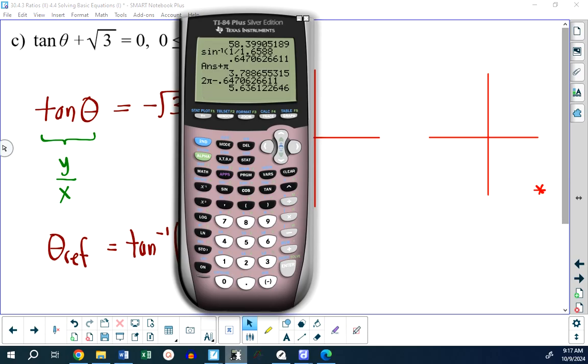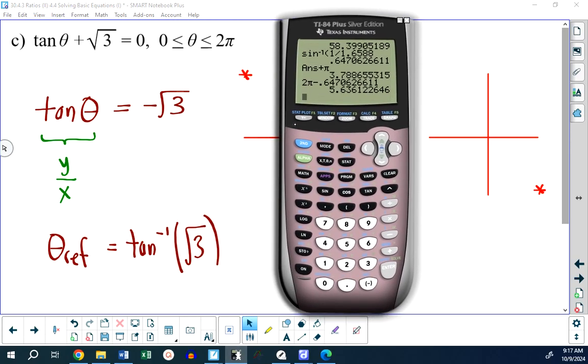Even though it's in radians, we want an answer in the end in radians, our spidey senses are telling us, I think this might be one of those special angles because it's root 3. It's not 1.6. It's actually an exact value for an irrational number. So I put my calculator into degrees, and I go inverse tan of the square root of 3, and I believe we're going to get 60 degrees.